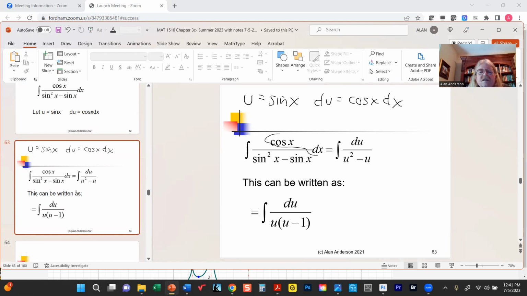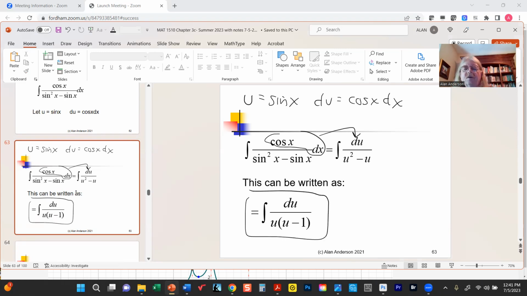So all of this is du, and that leaves us with u squared minus u. Aha, now it should be clear why we can use partial fractions because of the way it's written. So here's what we're going to do.